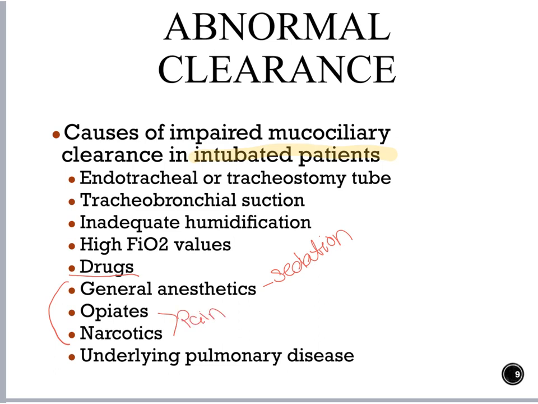What these have in common is they will decrease their respiratory drive. Therefore, they're taking shallow breaths, but we give them the volumes that they need. And then also, they are unable to generate that force to cough.